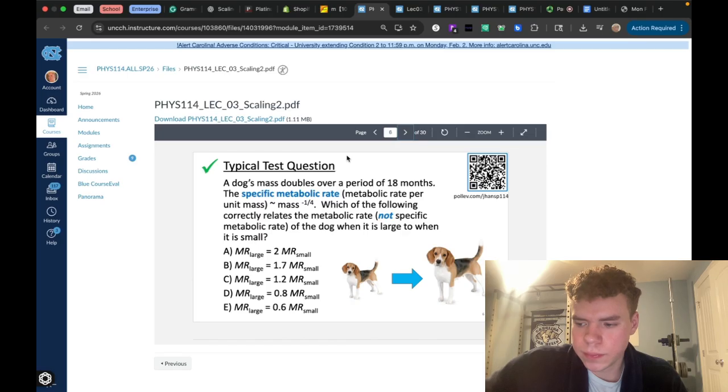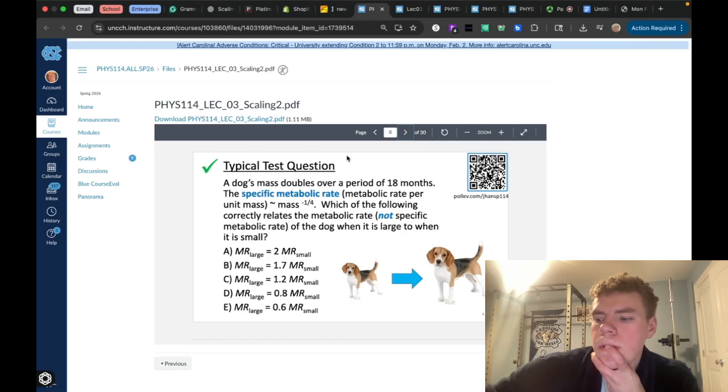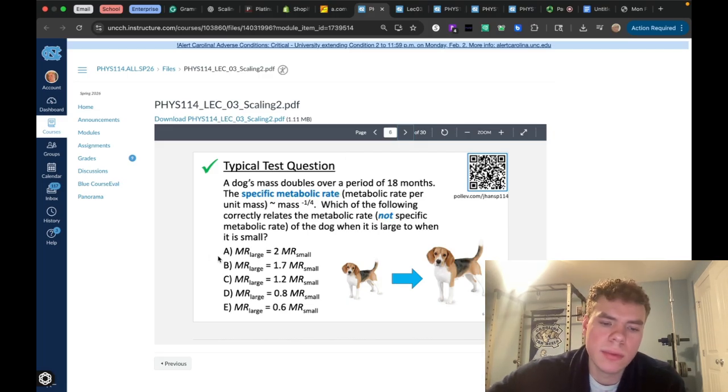And then the mass doubles. The metabolic rate isn't just double because it gets larger. There's an equation here.